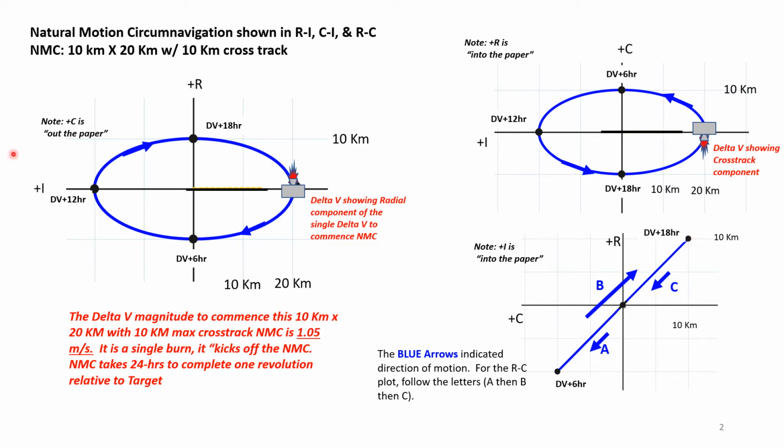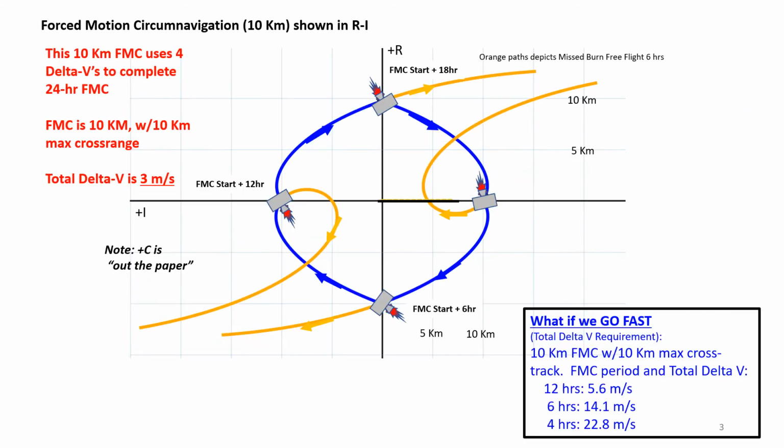So all this here tells the complete story of what's going on. A lot of people prefer 3D diagrams, Satellite Systems Toolkit depictions, but this breaks it down into the components in the RIC frame. So I wanted you to see that. Review done. Here we go.